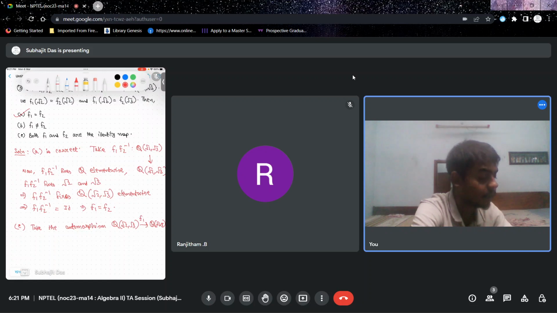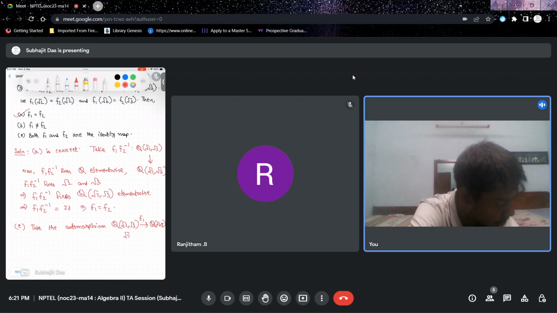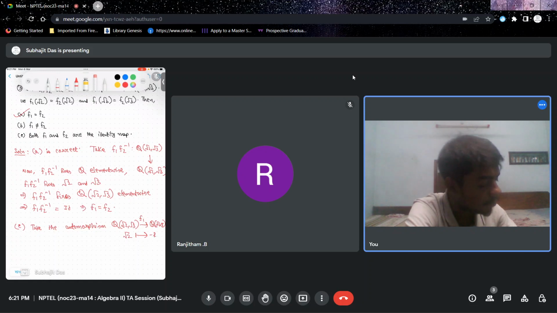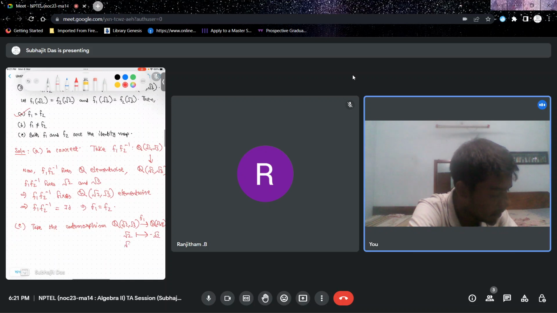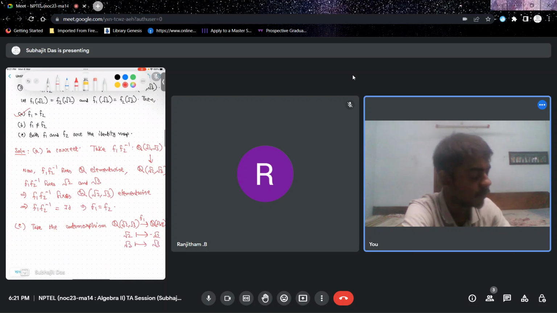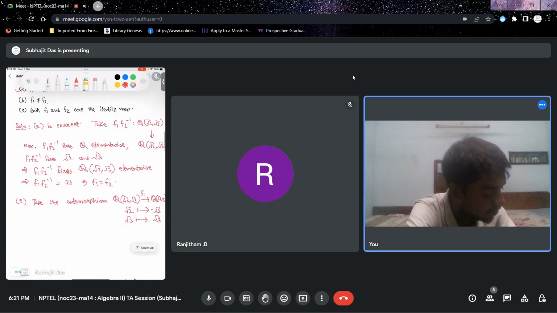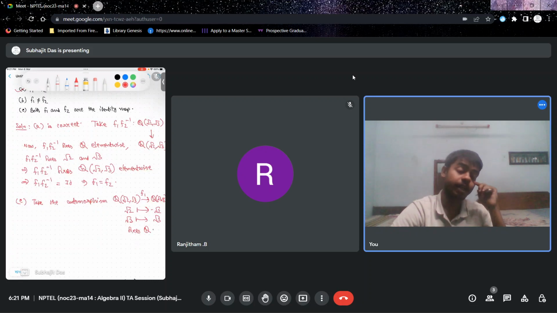If we define this automorphism to be F1, it's a mapping of Q(root 2, root 3) into itself, and we define it like this: it fixes Q, it maps root 2 onto, let's say, minus root 2, and let's say it maps root 3 onto root 3. Okay. And it fixes Q, so that you have the automorphism on the entire domain.